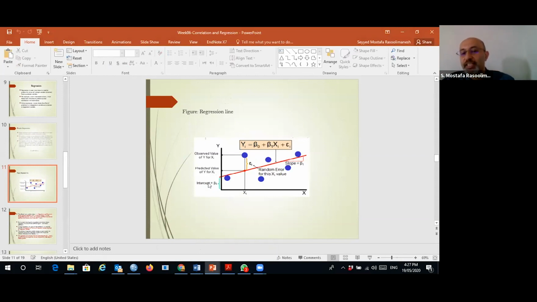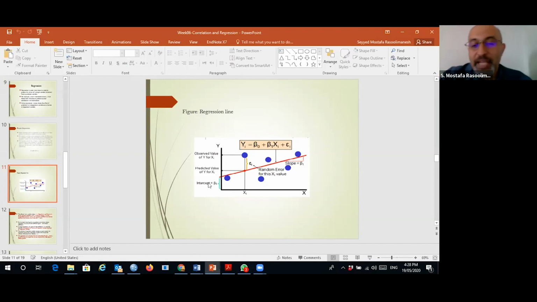This figure explains the meaning of the regression equation. When we say X affects Y or X predicts Y, it means part of the variance of Y is created by X. Right?